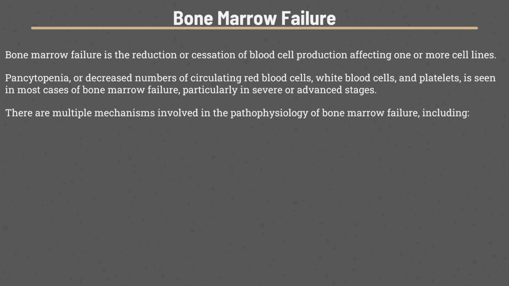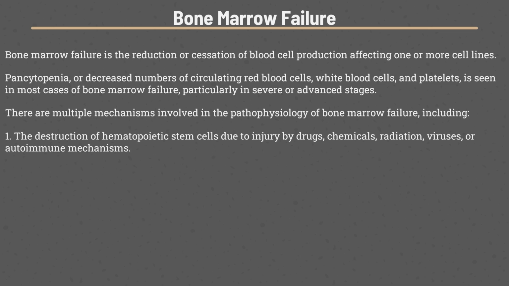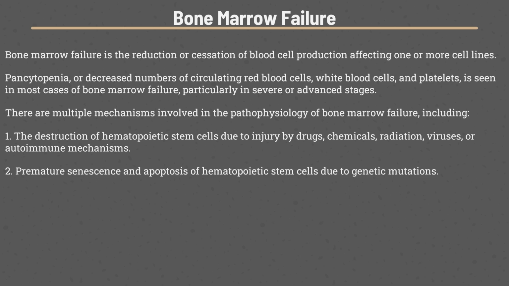There are multiple mechanisms involved in the pathophysiology of bone marrow failure, including the destruction of hematopoietic stem cells due to injury by drugs, chemicals, radiation, viruses, or autoimmune mechanisms. Premature senescence and apoptosis of hematopoietic stem cells due to genetic mutations.